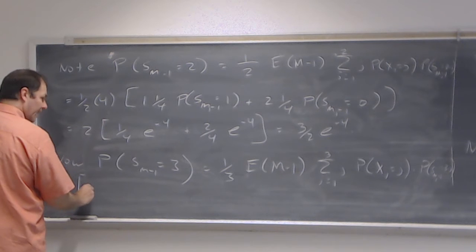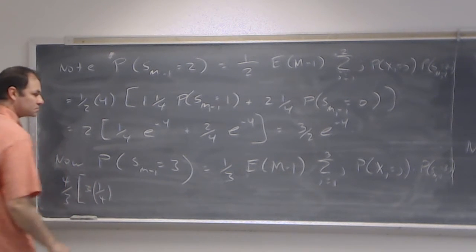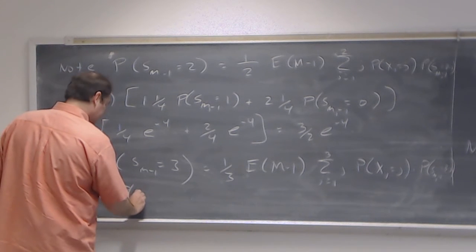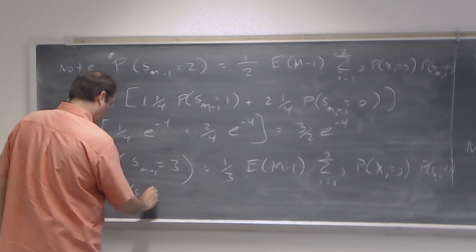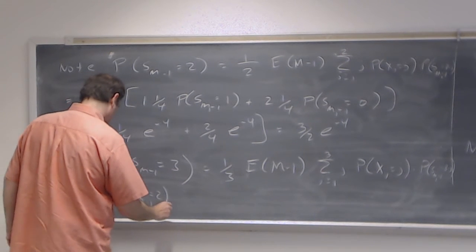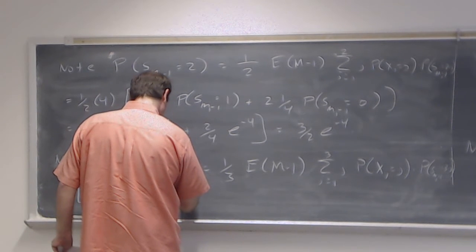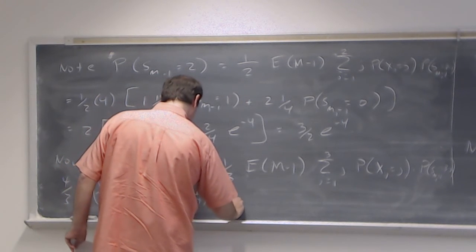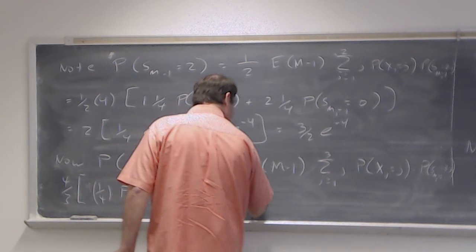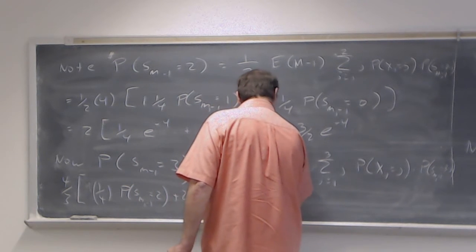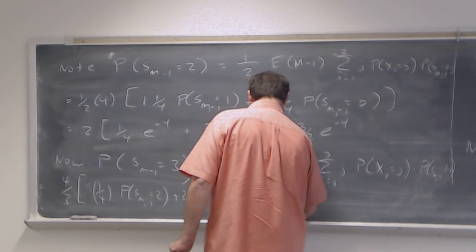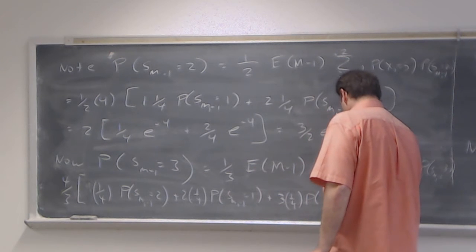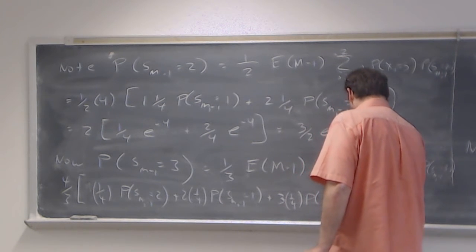And then I'm going to multiply this by 1 times 1/4 times the probability that S of M sub 1 minus 1 equals, so here it's 2, plus 2 times 1/4 times the probability that S of M sub 1 minus 1 is equal to 1, plus 3 times 1/4 times the probability that S of M sub 1 minus 1 equals 0.